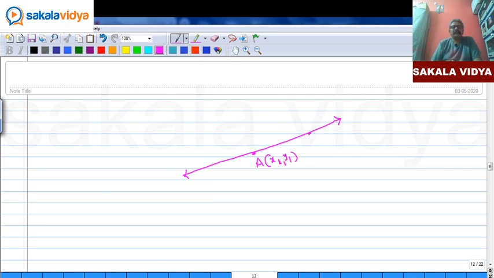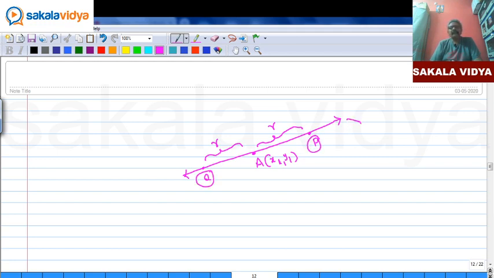Suppose a point P is located here and Q is located here. P is located at a distance of r units, and Q is also located at a distance of r units, but Q is left of A whereas P is right of A. So, how to find out these two coordinates?